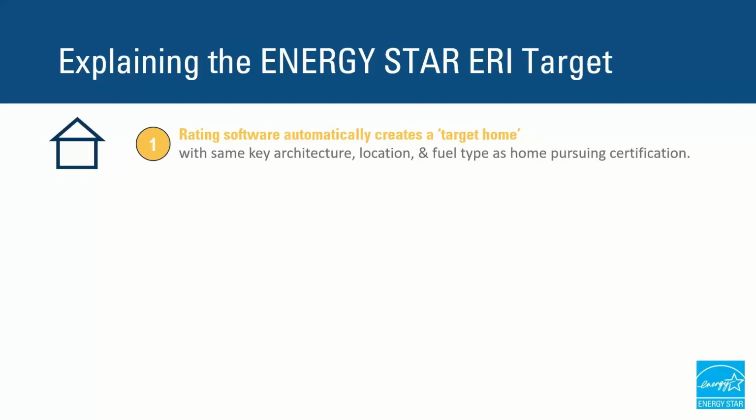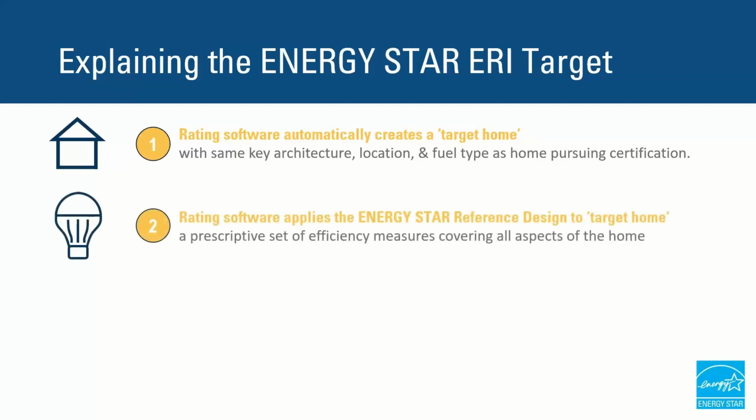Once a home pursuing certification is entered into rating software, the software automatically creates what we call a target home with the same key architectural features like foundation type, conditioned floor area, number of stories and orientation, as well as the same geographic location and fuel type. Next, the rating software applies what we call the Energy Star reference design to this target home.